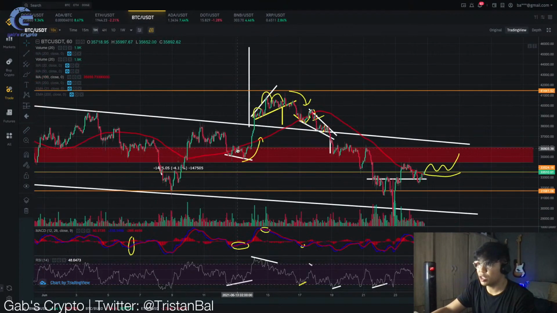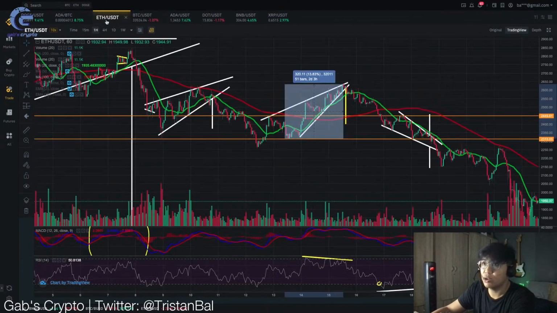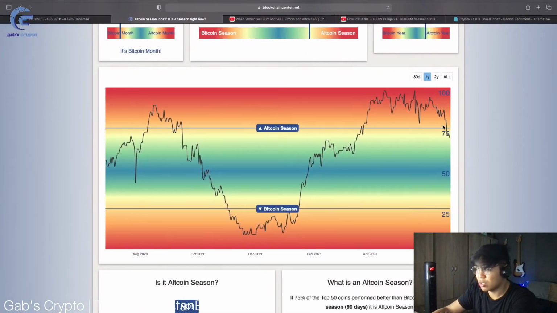Let's look at how many percent Bitcoin pumped. For Bitcoin, it was 18%. So you see, as I told you guys, the altcoin season at that time might possibly end, because we saw a first sign that this Bitcoin pump was 18% but Ethereum's was only 13%, leaving it behind. This indicates that the altcoin season was ending. And a few weeks later, we confirmed that the altcoin season was indeed over.